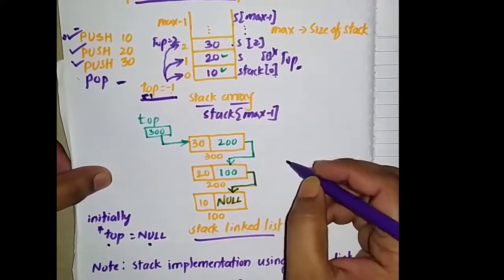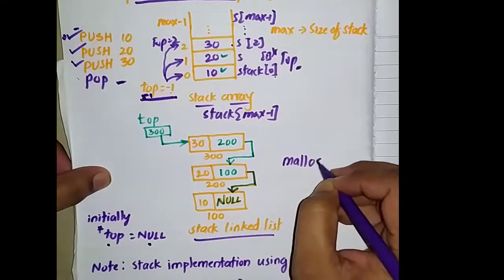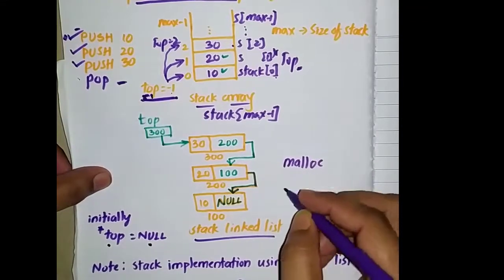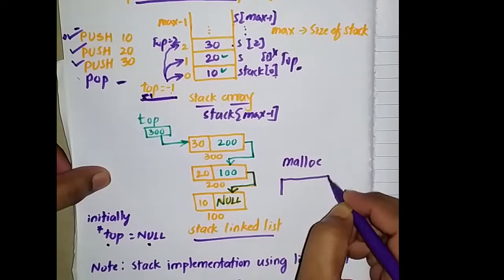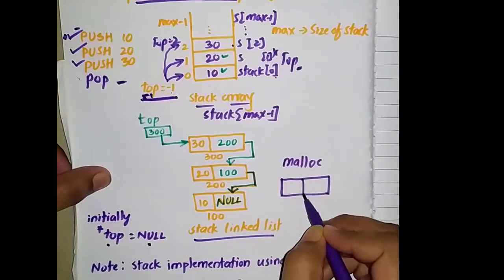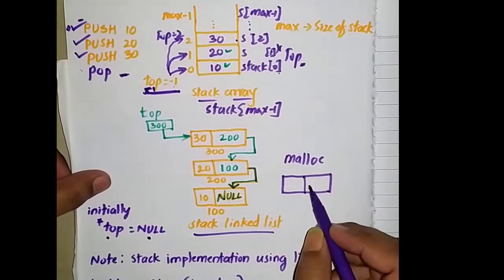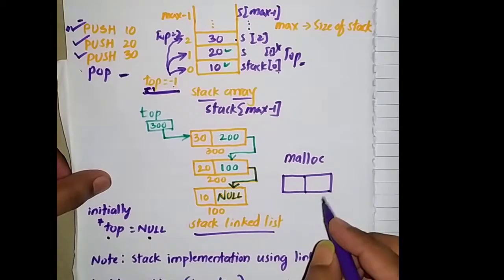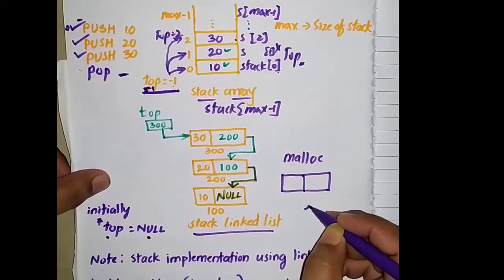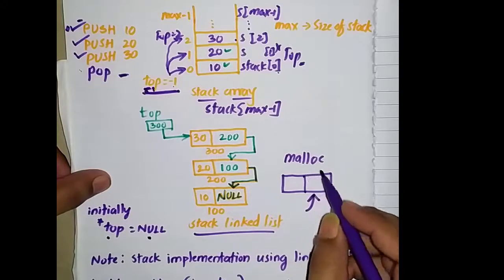Next, if the first data is to be pushed, obviously I have to declare the memory. We have seen we use the malloc function to allocate a block of memory, which looks like a struct node. The struct node declaration we need to do, which we have seen in the linked list implementation, and correspondingly this block of memory is allocated, and there will be one pointer pointing to the new node that has been created using the malloc function.